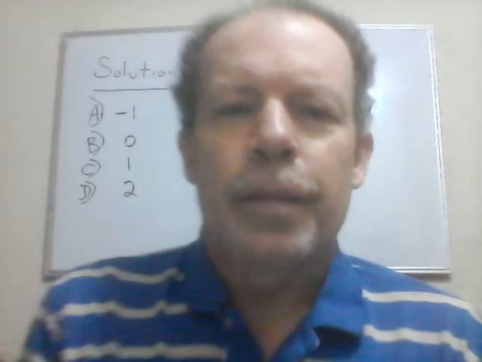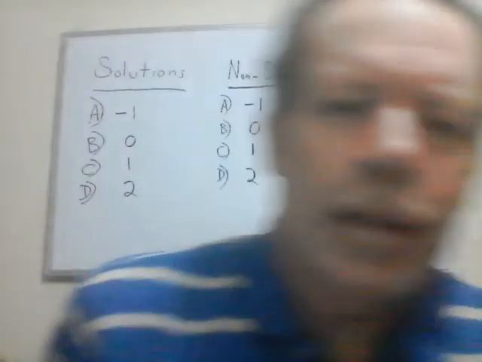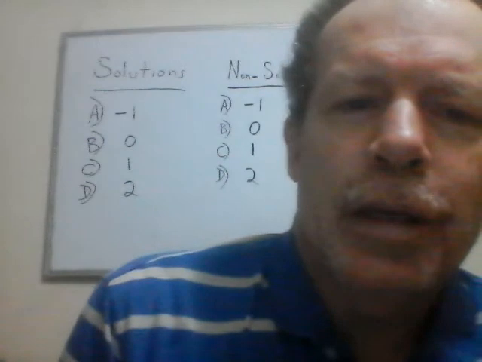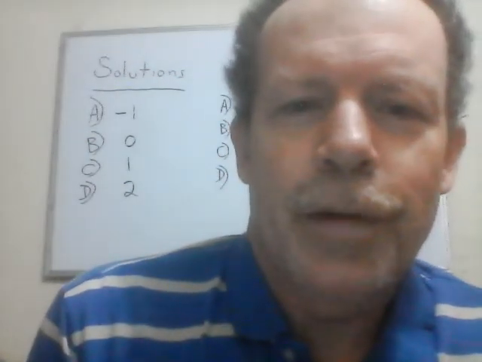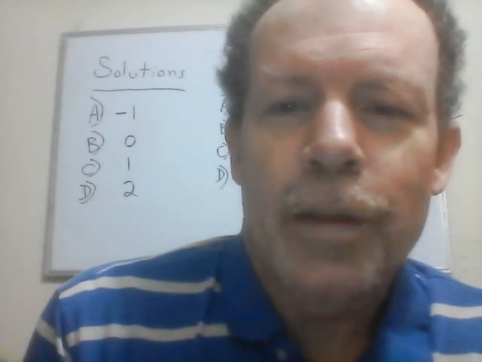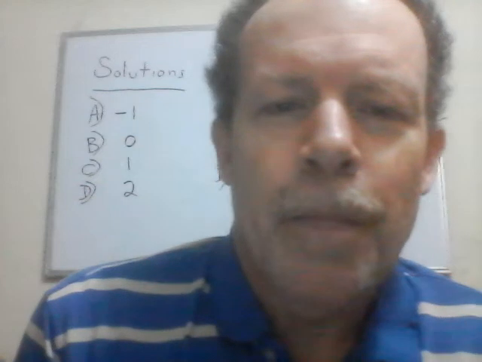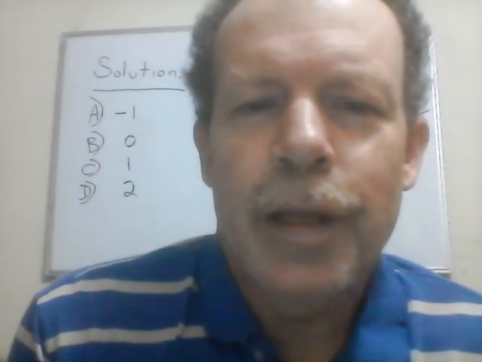Okay. What happens on standardized math tests is that they tend to put answers in some kind of order. If they're numerical answers, they often will go from smallest to largest, as has happened here, or they might go in some other order, but there's an order to them.